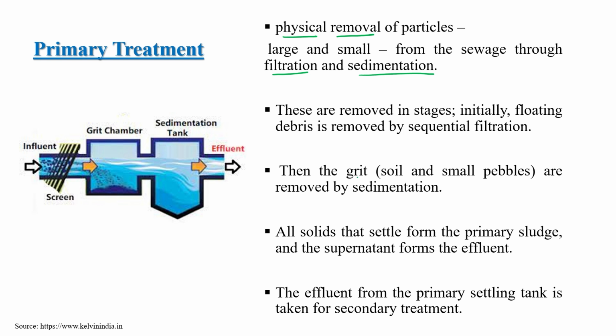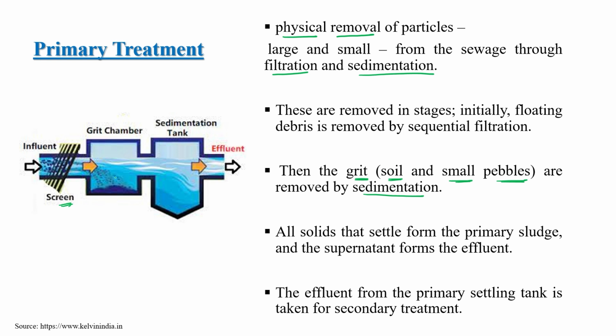Then, through grit removal, soil and small stones or small pebbles are removed by sedimentation. So through this screen, big physical particles like big stones, floating debris and other things are removed, right? And then removal of soil and small pebbles occurs in this grit chamber.